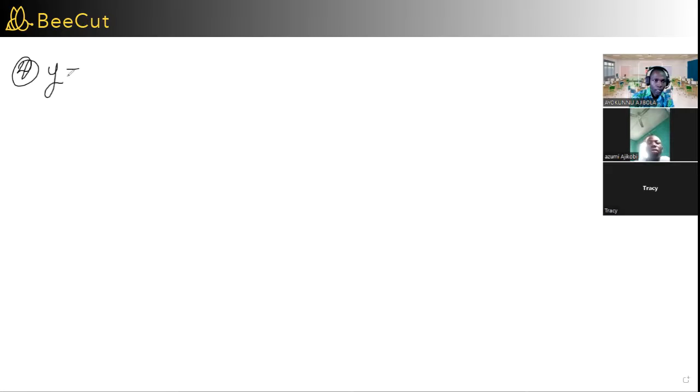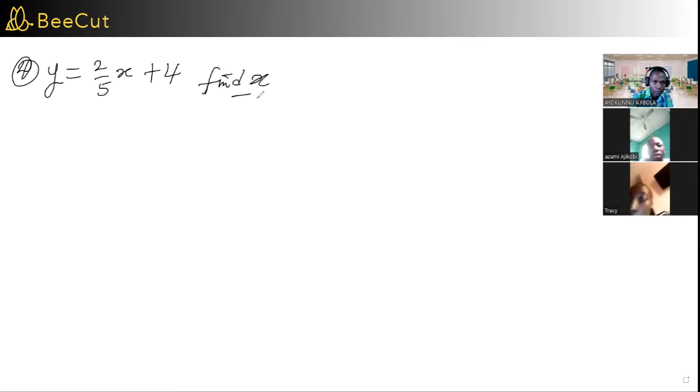Y equal to 2 over 5 of x plus 4. Now, looking at this question, the instruction says if y is this, find x.